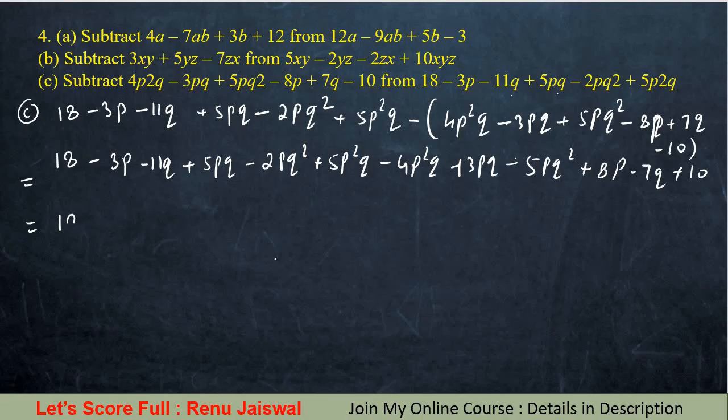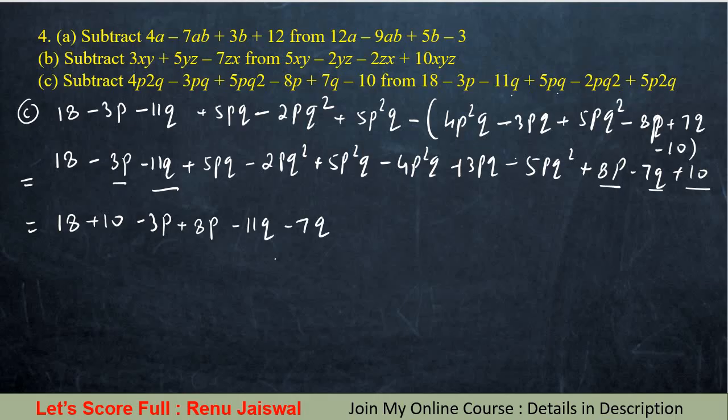So there is an 18. What is the constant term? Yes, 10 over here. Then the p term, 3p. Search for another p here. That is 8p. Next the q term, minus 11q. Search for the q term. It's here, minus 7q.